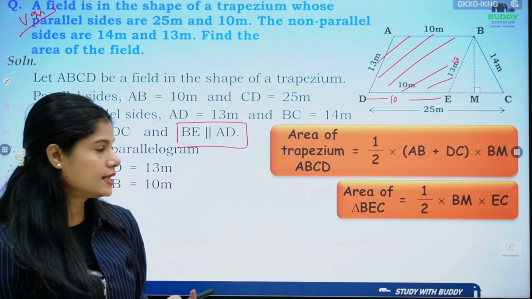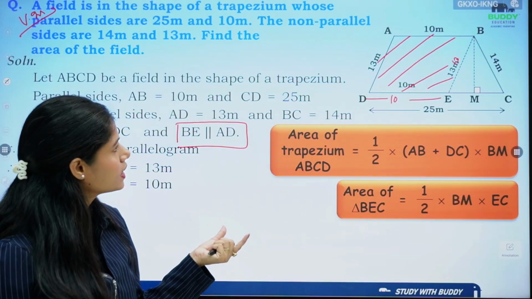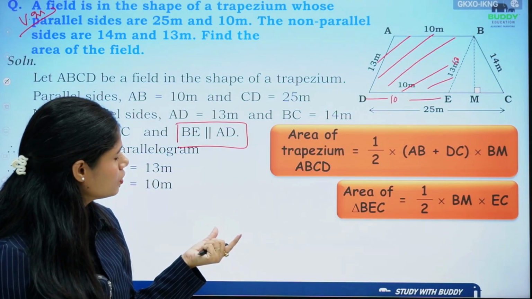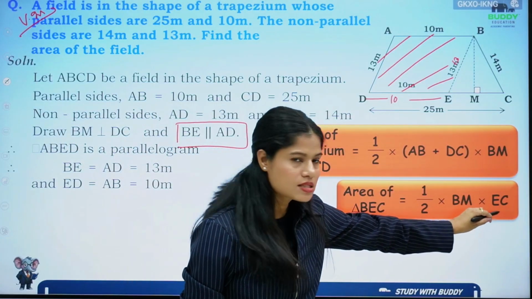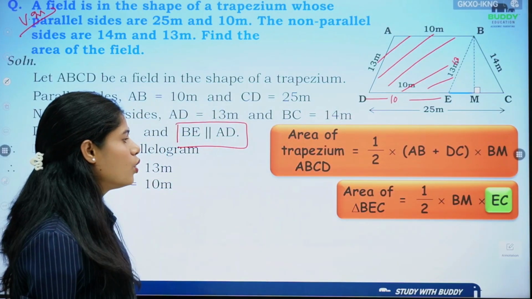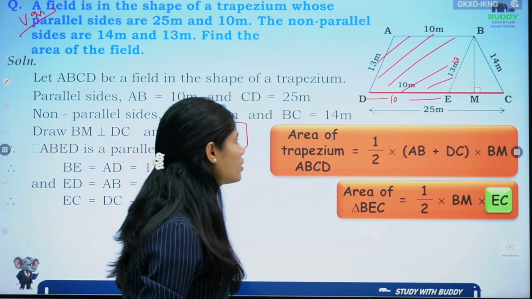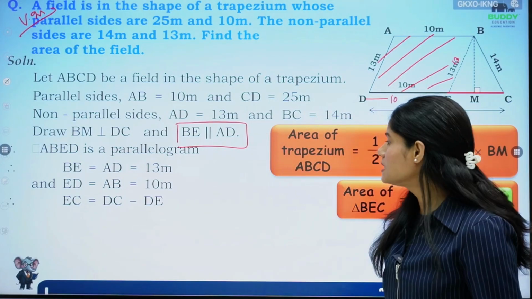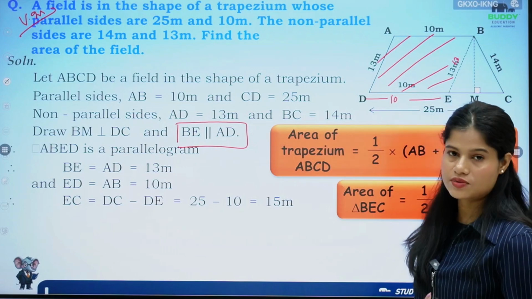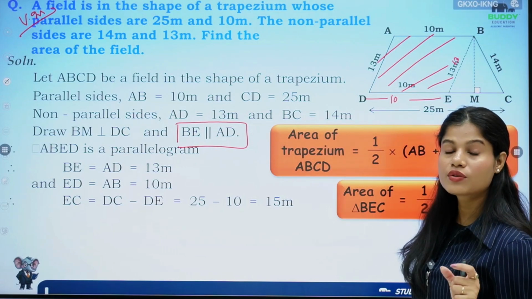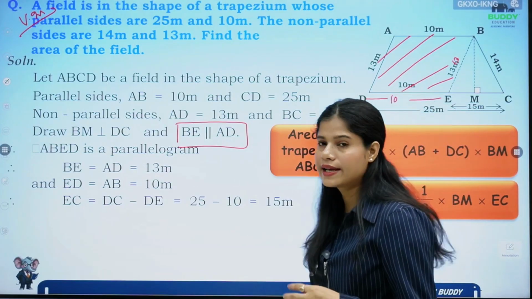One way is half into base, which we take as EC, into height BM. EC is DC minus DE. DC is 25 and DE is 10, and 25 minus 10 is 15. That's how you get your EC.